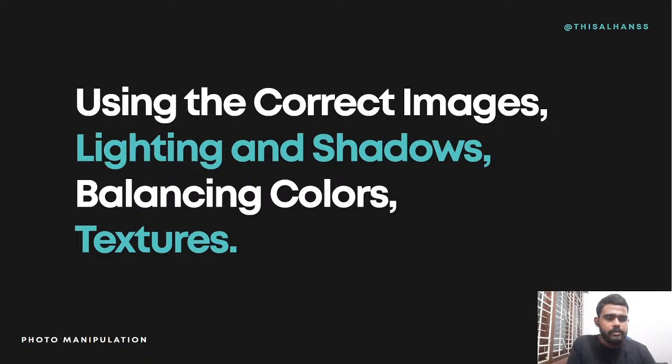So using the correct images: imagine you're putting two images together. The number one mistake in that category is that people just get a random image from the internet and put themselves in that image. It won't work because it won't be the correct image. Now, how to find the correct image? You have to be careful about where the light source of the image is. That is very important if you're using the correct images, and also the perspective of the image.